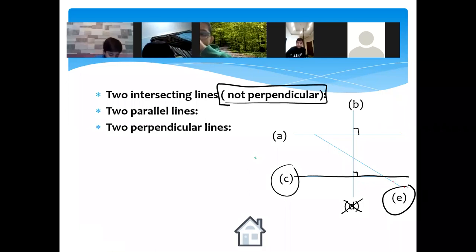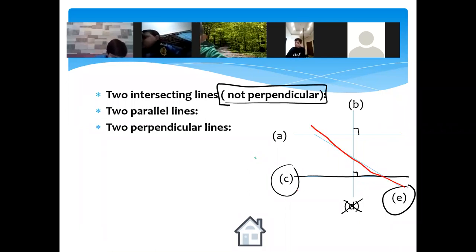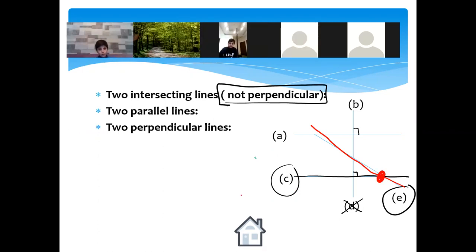This is the line E. Do they meet at a point? Yes, this is the point of intersection. Do they form a right angle? No, so non-perpendicular. So these two lines are intersecting but not perpendicular. Is it clear? So C and E.